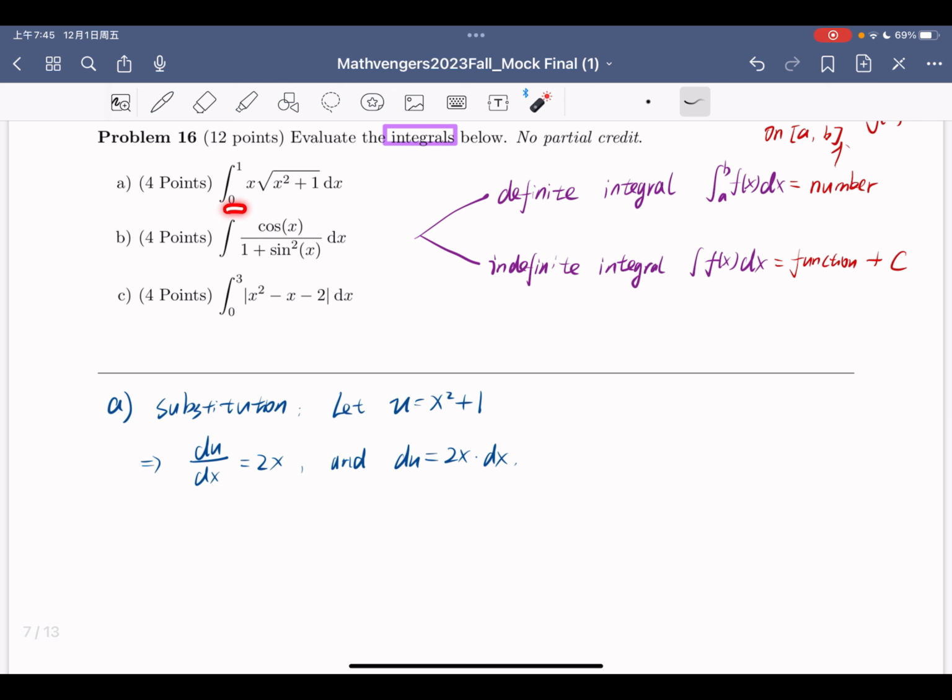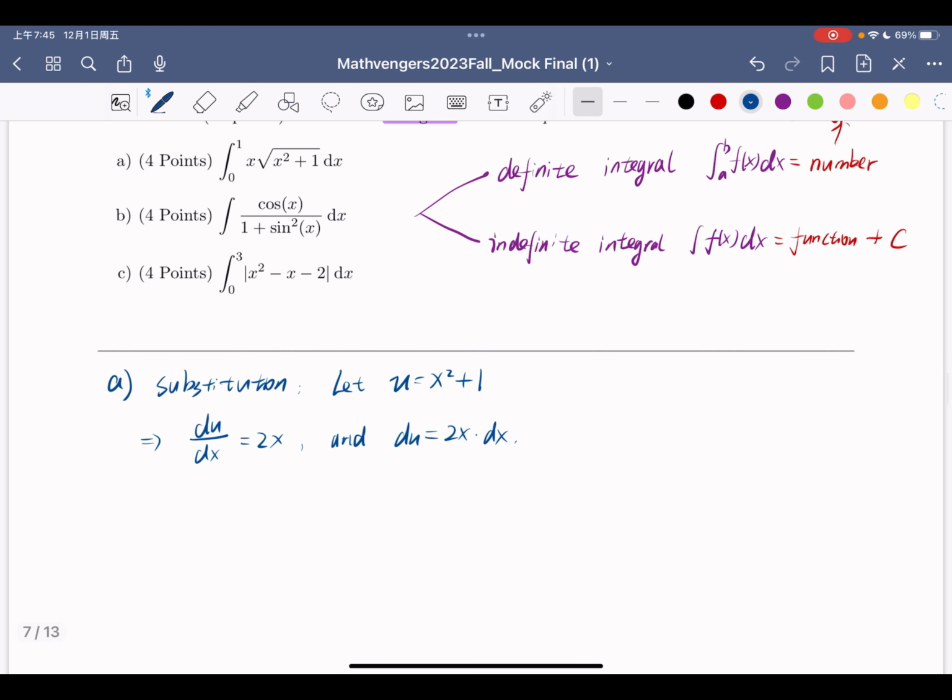Remember that here we have two boundaries, and we need to substitute the boundaries as well. So we let x equal 0 and x equal 1. We get u equal to 1 and u equal to 2.